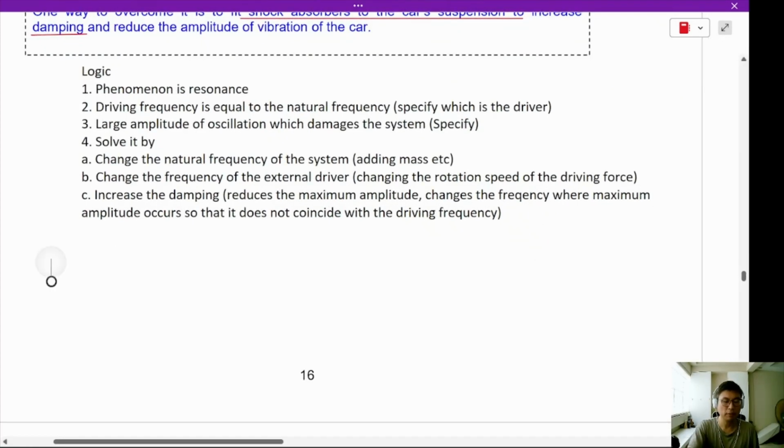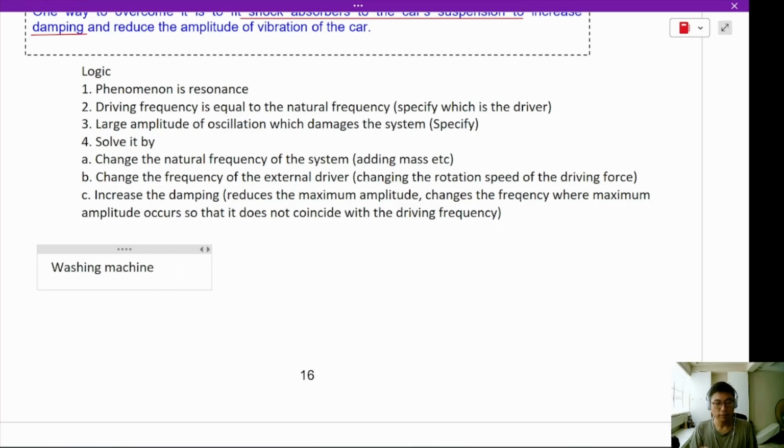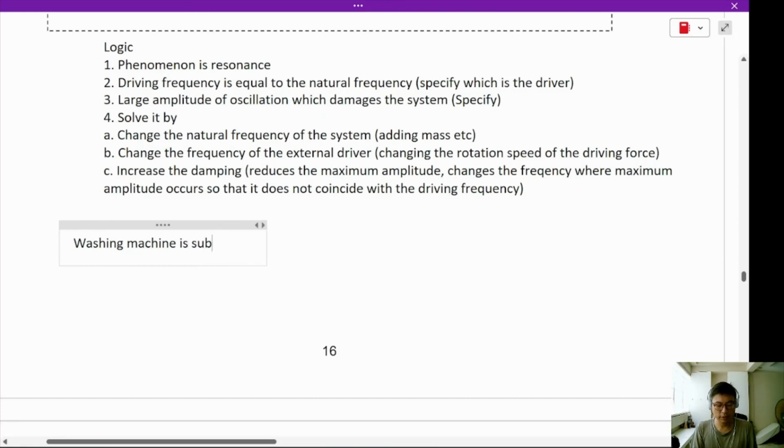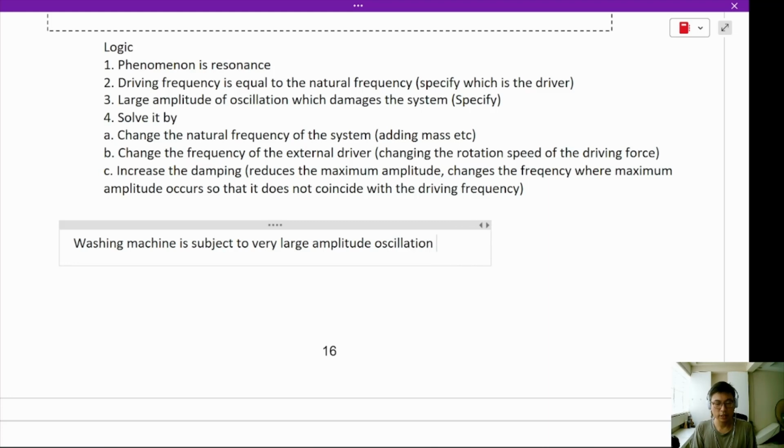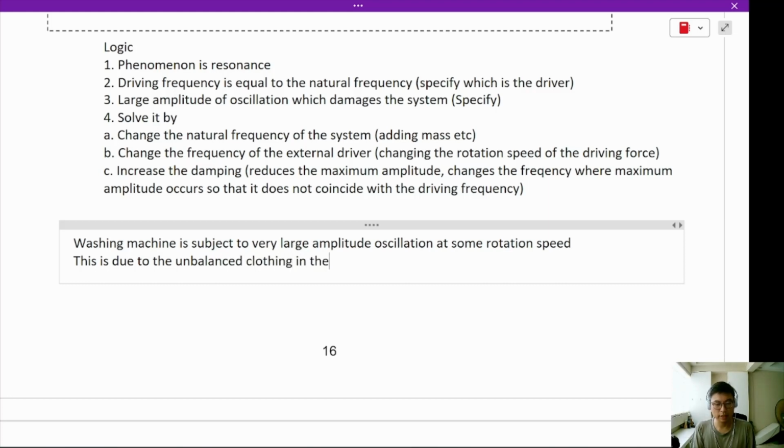Okay, so for example, we can say that another example will be when a washing machine is subject to very large amplitude oscillation at some specific rotation speed. Okay, then we say what is a driver? This is due to the unbalanced clothing in the drum when it rotates.